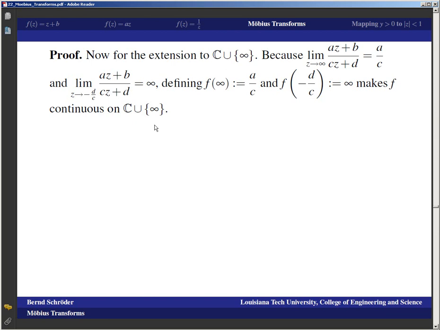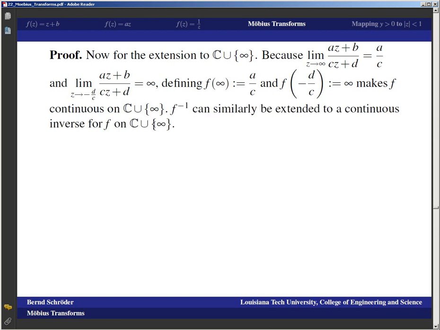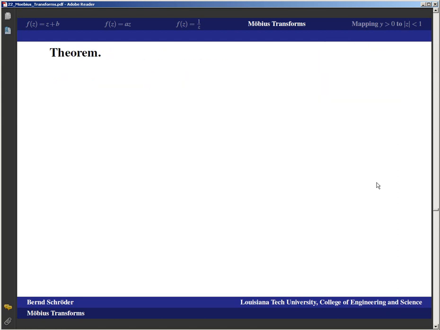It's already bijective on these domains and ranges where there's one point removed. And so f inverse can be extended similarly to a continuous inverse for f on that thing, and that means that these Moebius transforms really map C union infinity bijectively to C union infinity as long as we have that ad minus bc is not equal to 0.